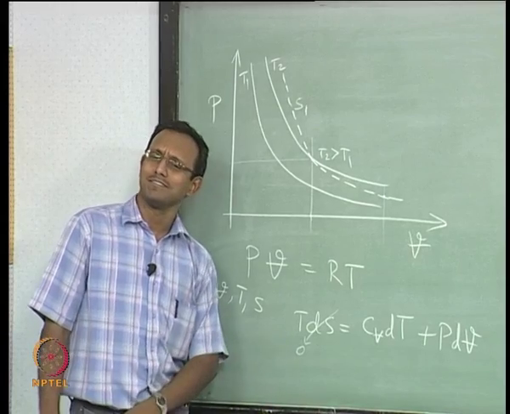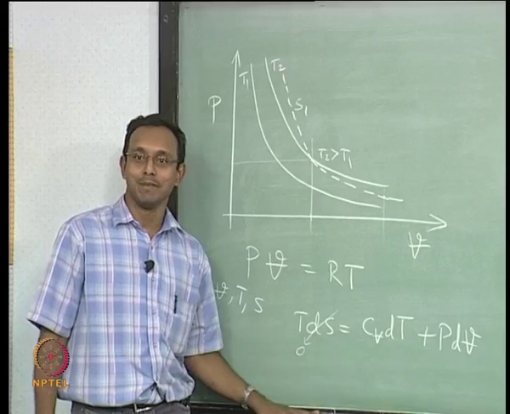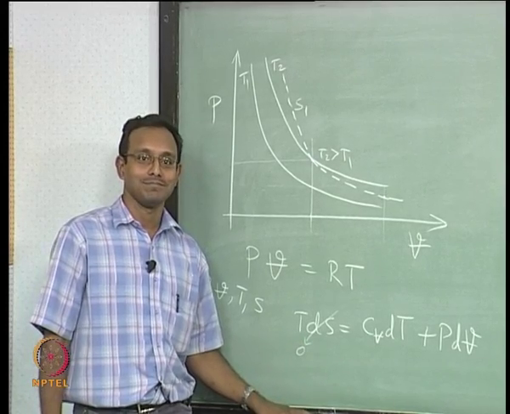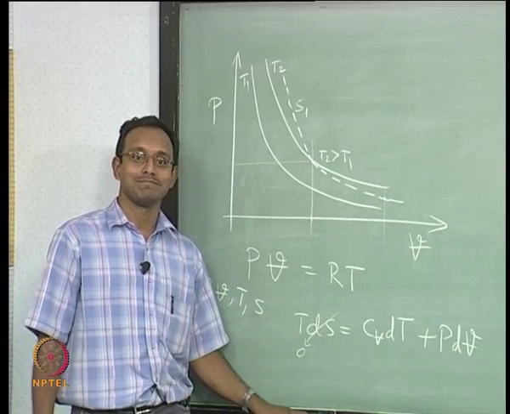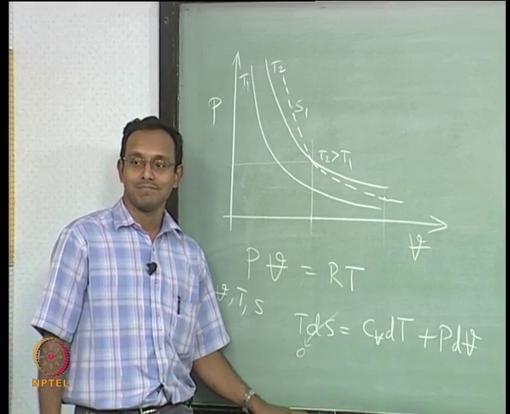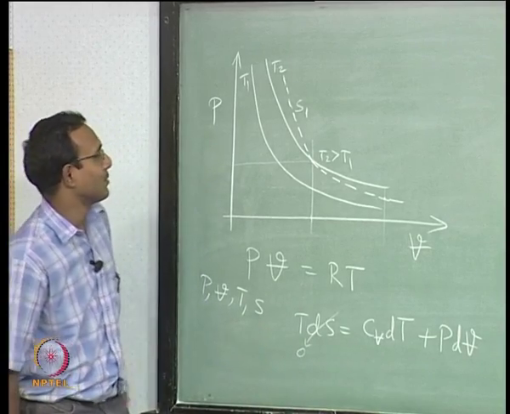Goes right, why? Anything you say, I want a reason, it may be correct or wrong, I do not know. Somebody can give an explanation for left also. Okay, no explanation.